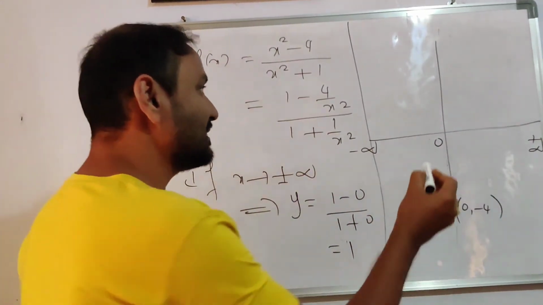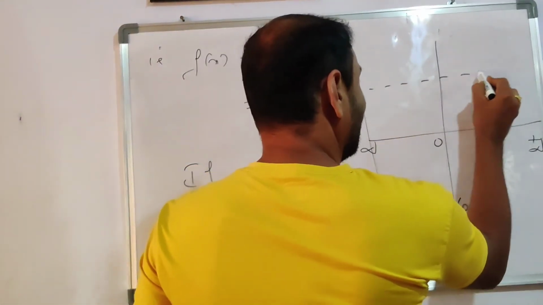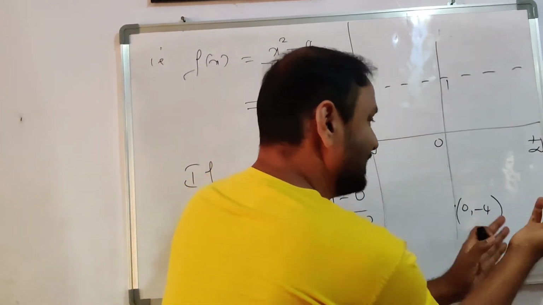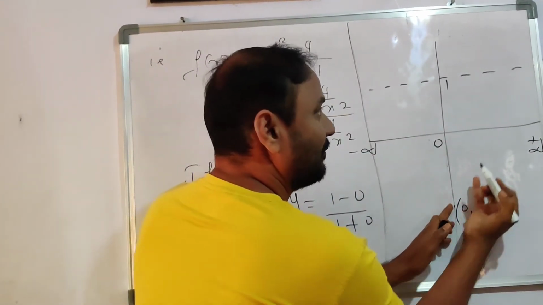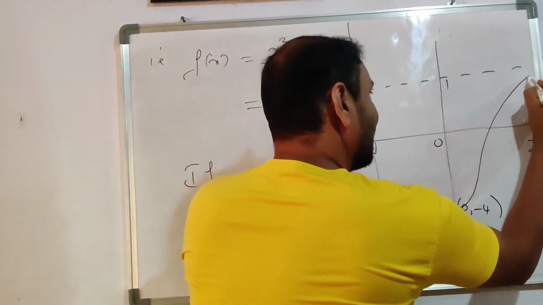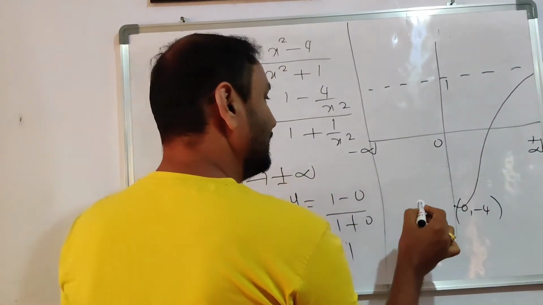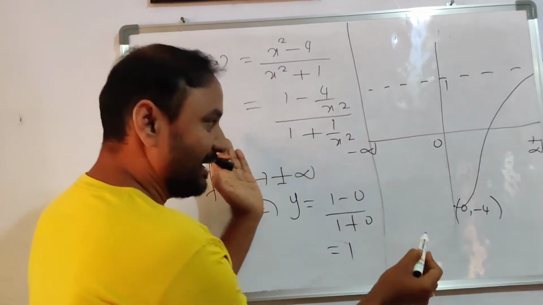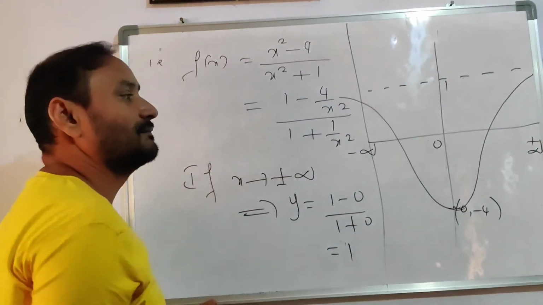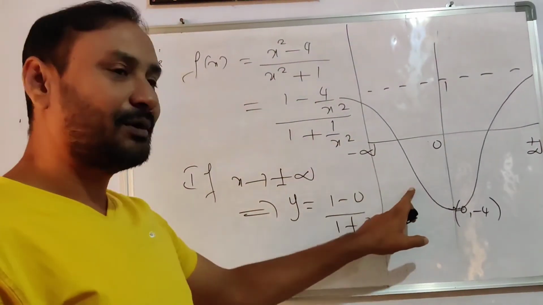That means here you take one line like this. This is 1. So when x tends to infinity, from here the graph is reaching to 1. This is the curve like this, reaching to 1. In the same way, x tends to minus infinity, the graph from here is reaching to 1. This is the graph of the given function.